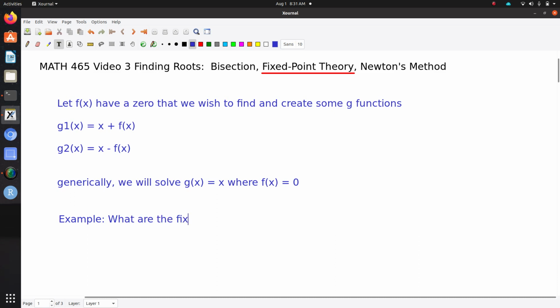What are the fixed points of g? All right, and I want to write this function. g of x equals x squared minus 2. Okay? And to get the answer, I'm just going to put it on this side of the screen.